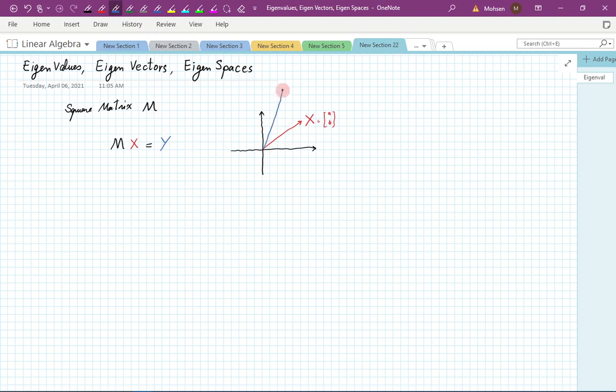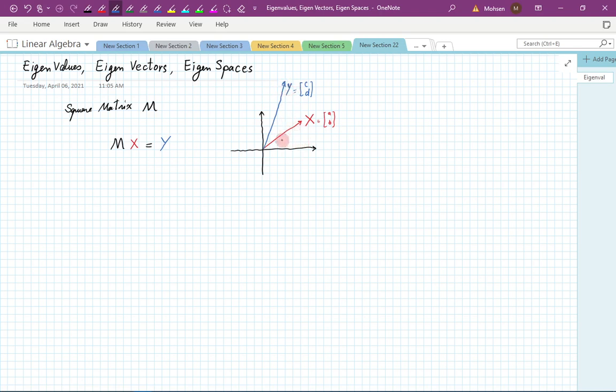It could be perhaps like this. So this is the vector y, and that has two components as well. If you change x, of course y is going to change correspondingly. Move this around, and that one is going to move around.